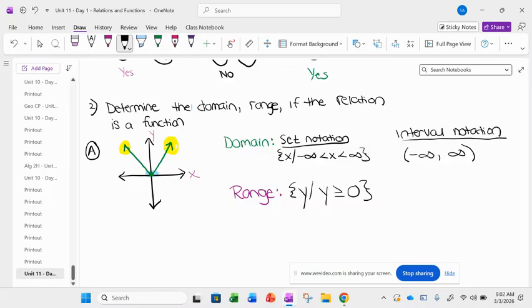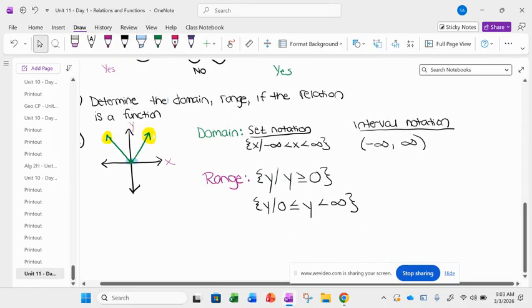If you wanted to be a little more formal, you can say y such that 0 is less than or equal to y, which is less than positive infinity. How come I didn't put a line under the less than for infinity, Ariana? You can never reach infinity, exactly.